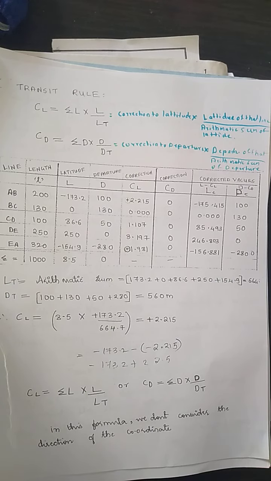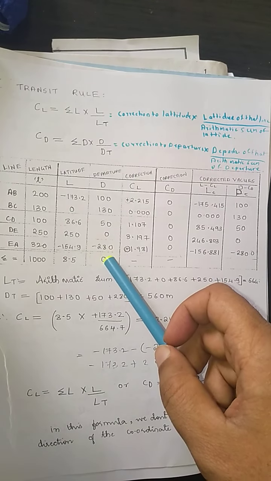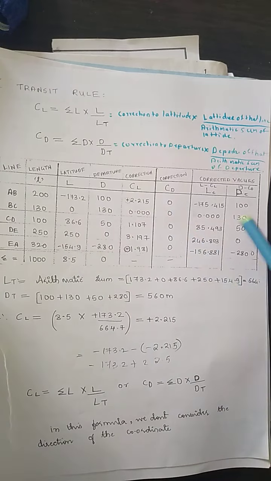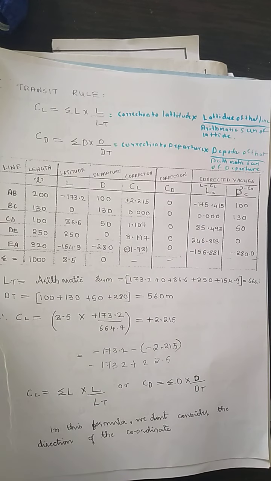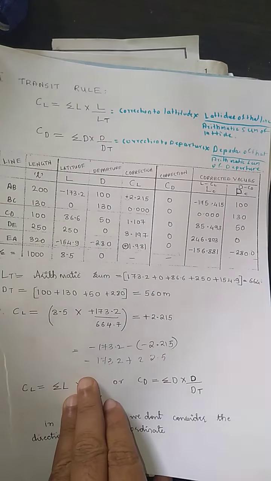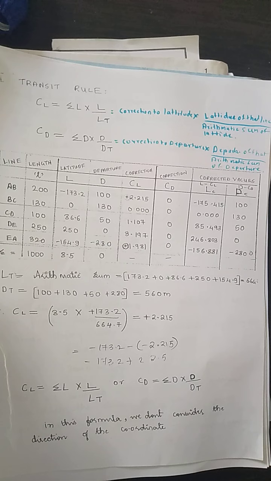So similarly, you need to go for the departure. Again, the departure you can write as it is, because here we are going to get 0 itself. So this is how we apply the correction for the latitude and the correction for the departure by using the transit and the Bowditch method.